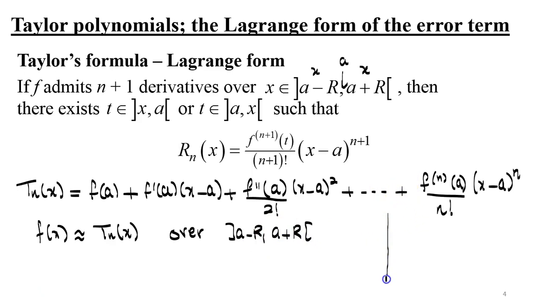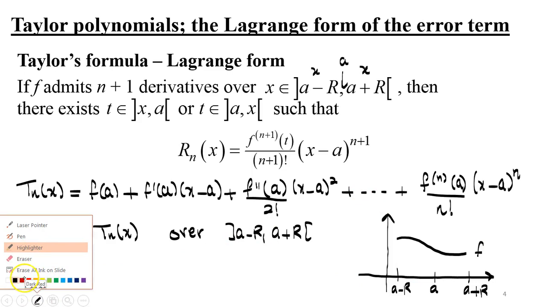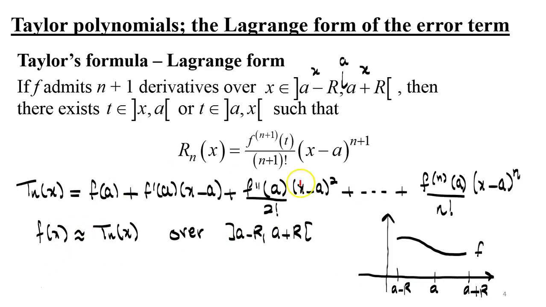If I were to do a small sketch, this is a minus r and a plus r, the interval of convergence. Now a would in fact be the center of that interval. If I were to draw the curve representing the function f over that interval, we're only interested in that interval.